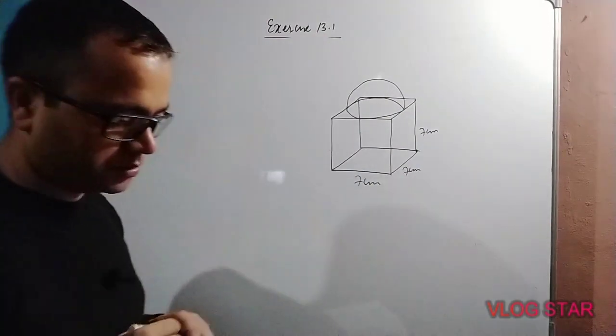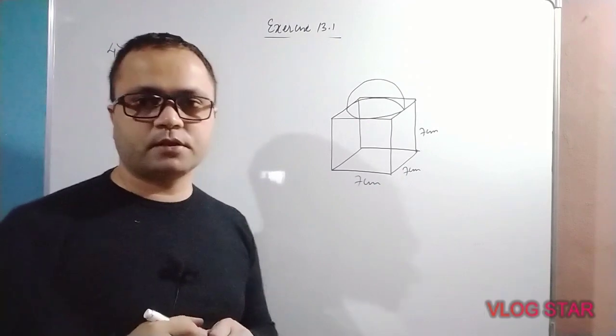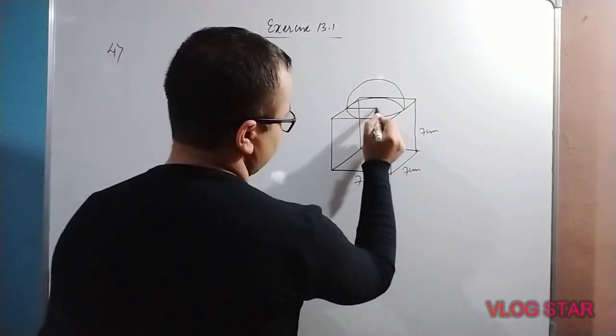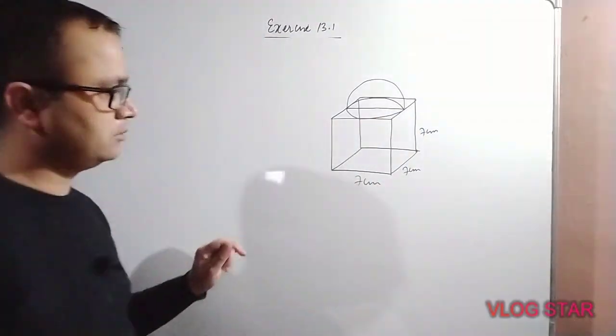Surmounted by a hemisphere. What is the greatest diameter the hemisphere can have? It is 7 centimeter, because the side of the cube is 7 centimeter.